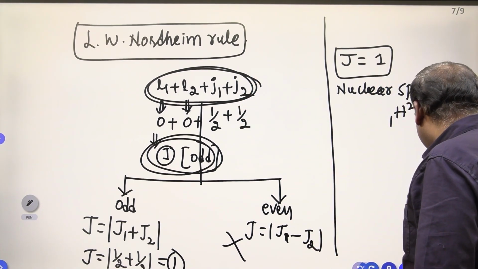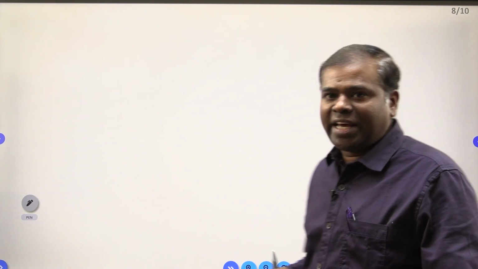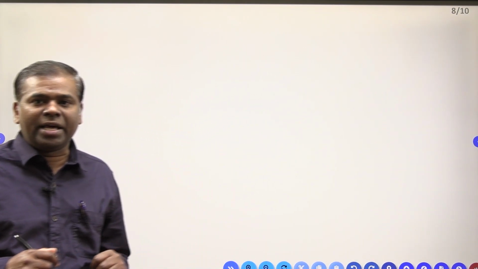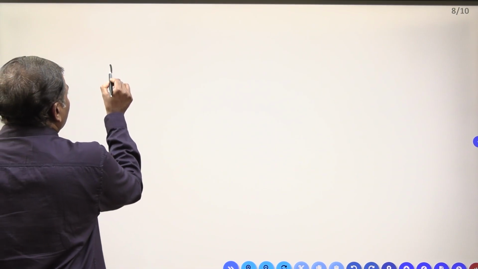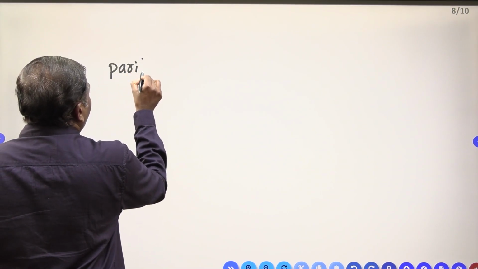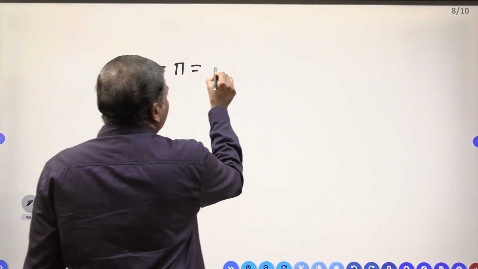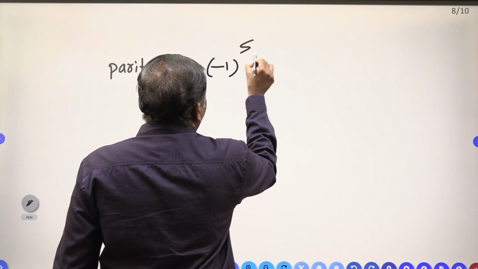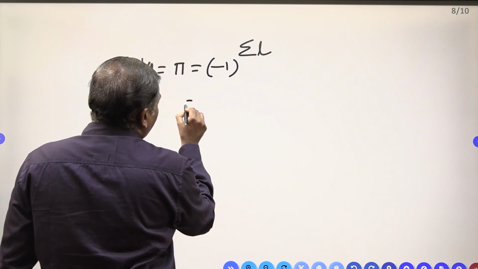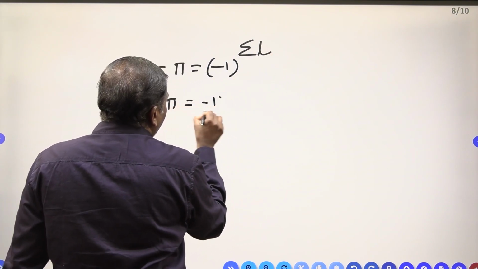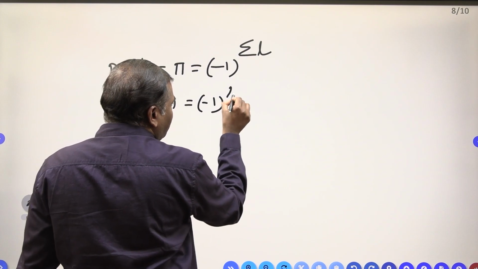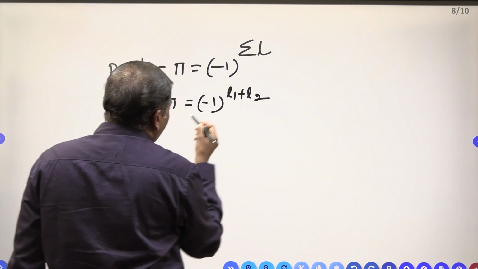So, what is the parity? When angular momentums are there, parity follows the parity formula. Parity is equal to minus 1 to the power of the summation of L. Pi is equal to minus 1 to the power of L1 plus L2.